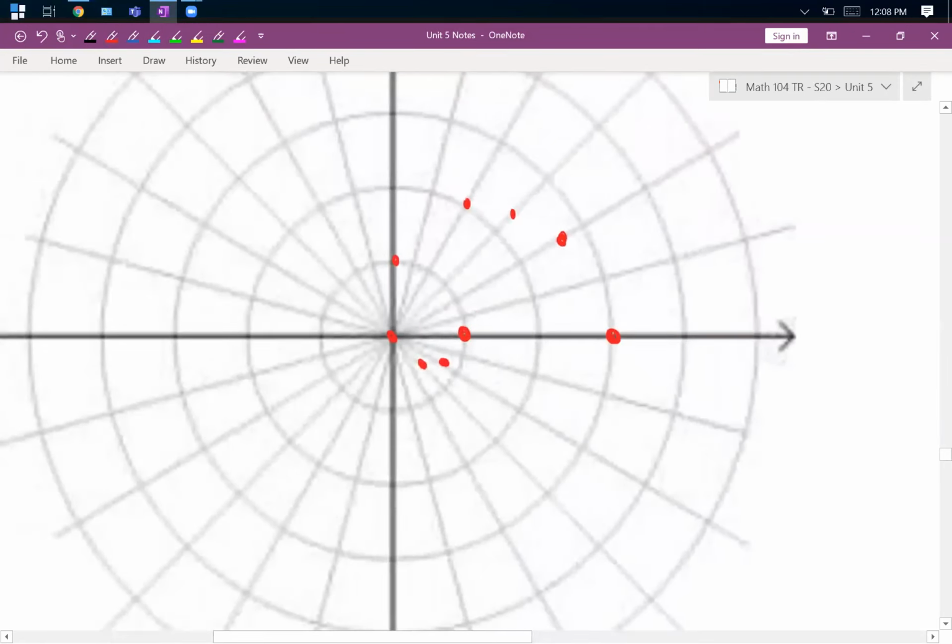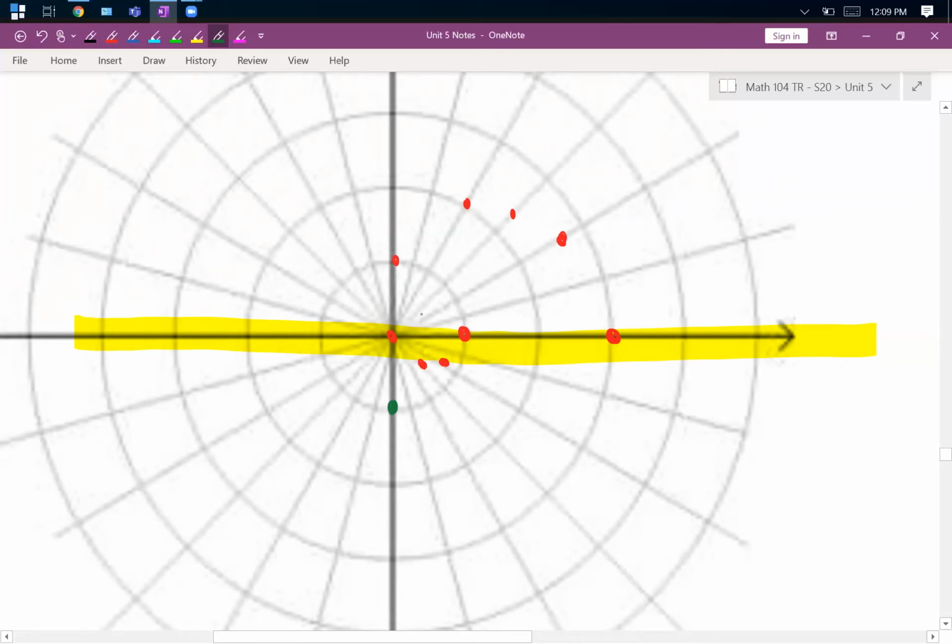All right, so those are my points, but we have symmetry with respect to our polar axis, and we can see now that clearly it does not match above and below our polar axis. So we need to reflect each one of these points about this line to obtain additional points. So I'm just going to start here and work my way from left to right. So this one's going to flip down and be here.